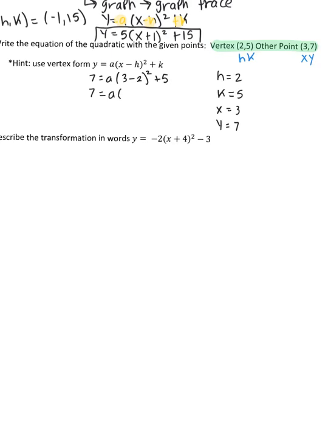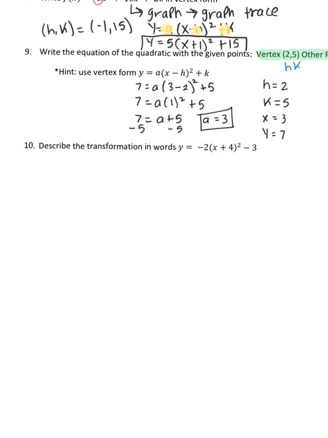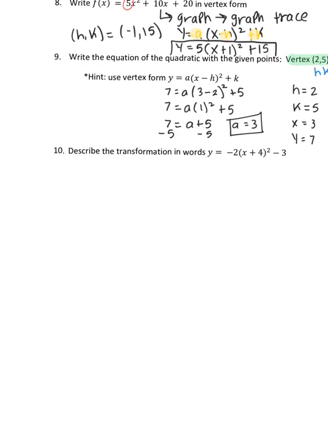So 3 minus 2 is 1. 1 squared is just 1, and 1 times a is just a. So I have this, and then solve for a by subtracting 5 from both sides. So your a value is 3. And then once you've got that, you can write your equation.